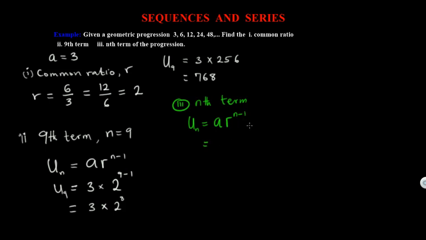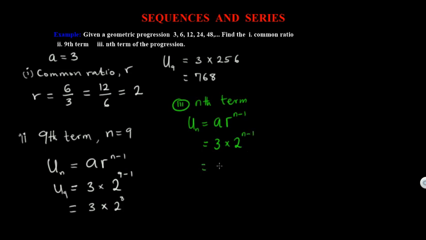So for the nth term, we don't know what n is. It can be any value, but we know the first term to be 3 multiplied by the common ratio for this sequence, which is 2 raised to the power of n minus 1.